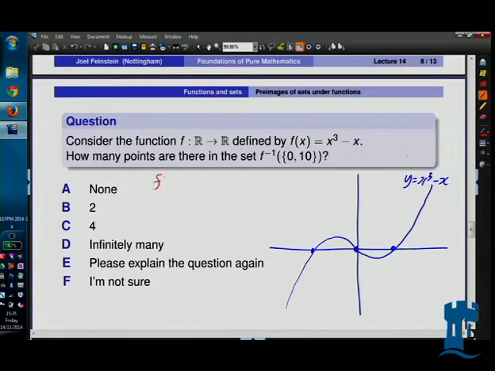F to minus 1 of {0, 10} is equal to those real numbers, x in R, such that f of x is either 0 or 10. Okay? So you have to figure out how many real numbers have the property that f of x is either 0 or 10. And that's your task here. And I will let you think about that for a minute, and then we'll see how you got on. I'll pause the recording there.